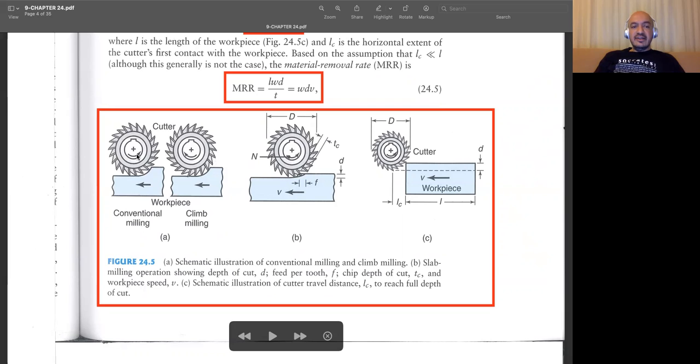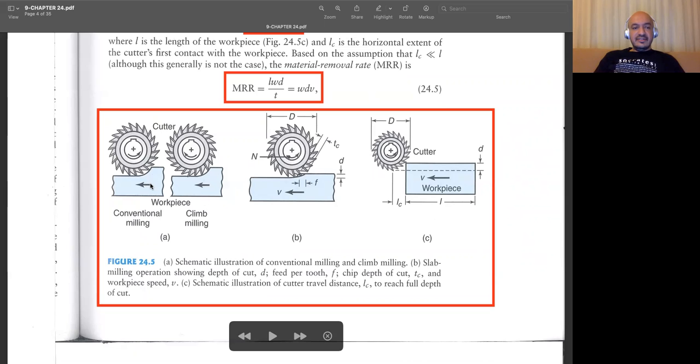In the conventional milling, this milling cutter is rotating in counterclockwise direction, but in the climb milling, it's rotating in the clockwise direction. But if you focus into the cutting zone, you can say that the cutting action is actually in the opposite direction of the motion of our workpiece. But in the climb milling, the cutting action, the cutting speed is in the same direction with the motion of our workpiece. So this is one difference between conventional milling and climb milling.